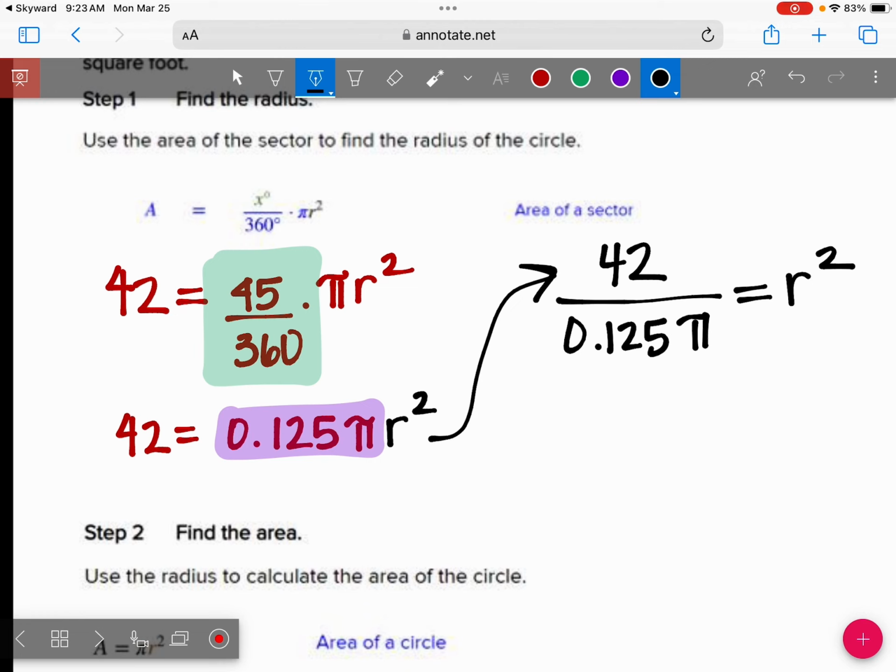So in your calculator, hit the fraction button and put 42 divided by 0.125 and hit the pi button. Does everyone's calculator, when you hit the fraction button, pull up a fraction? Yours didn't? I need to change the mode.